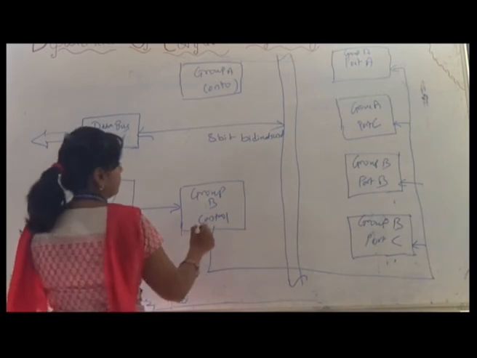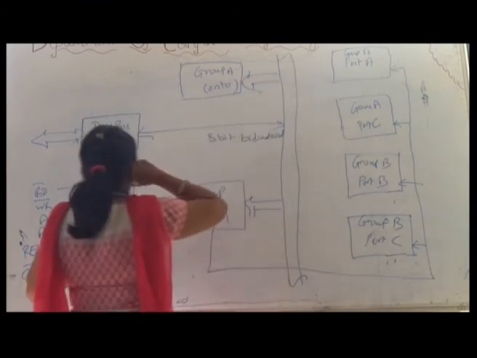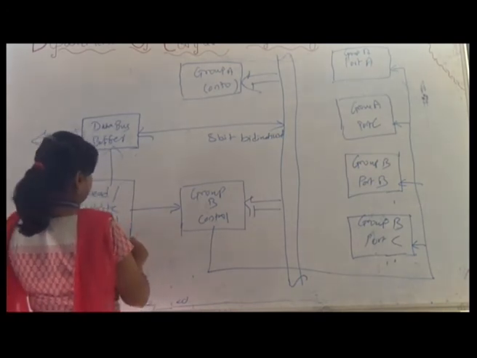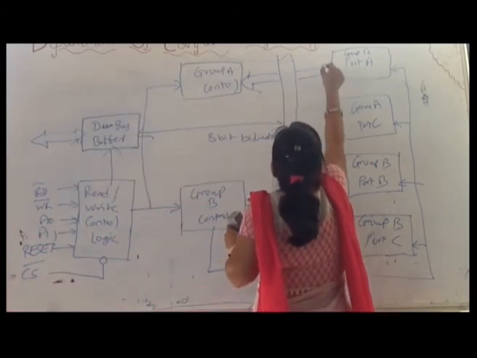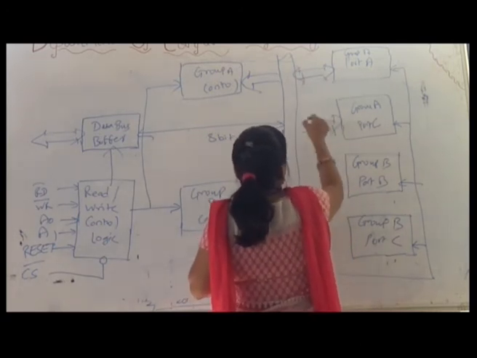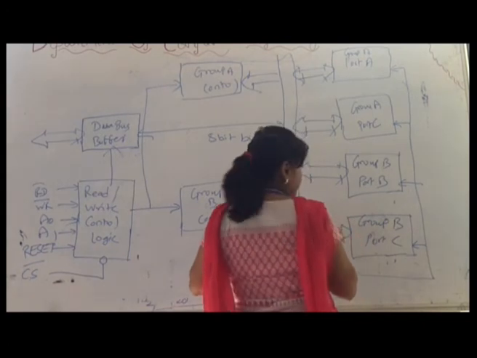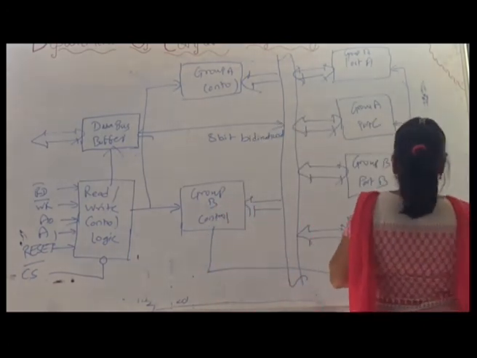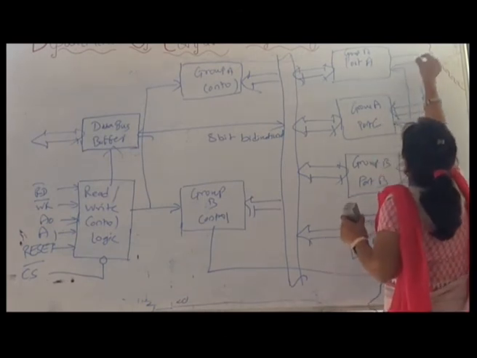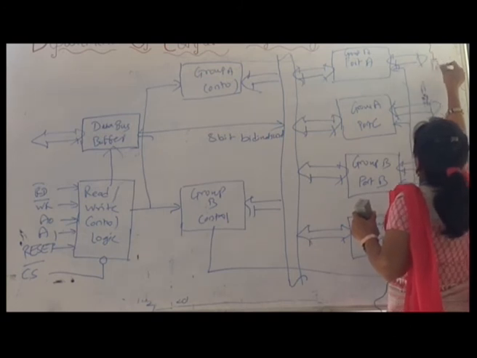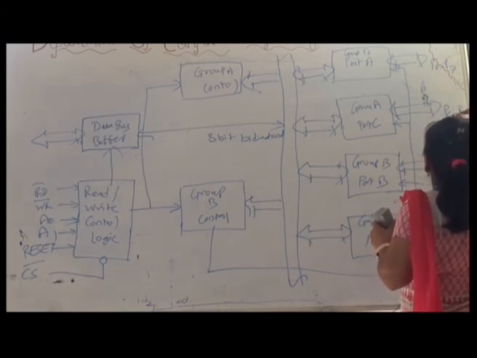First I will complete this diagram. It's PA0 to PA7, and this is PC4 to PC7.